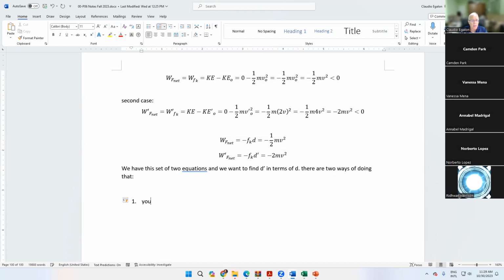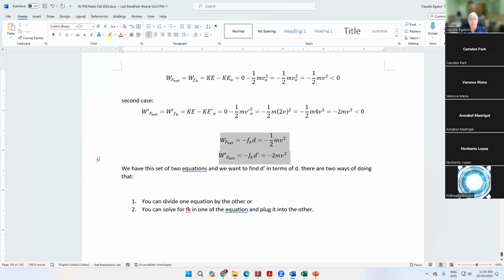One, you can divide one equation by the other, or two, you can solve for f sub k in one of the equations and plug it into the other. Let's do the first one.